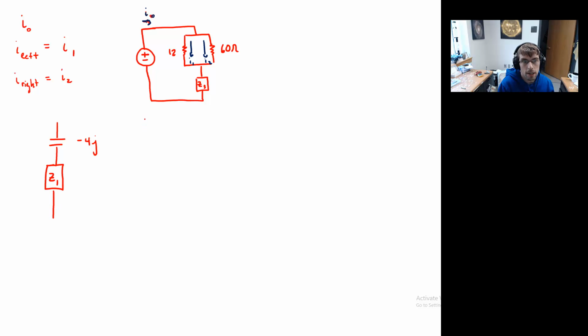And the right branch is a 63.2 resistor, a 2.4J inductor, and then Z2.